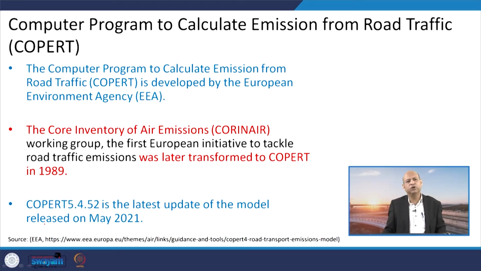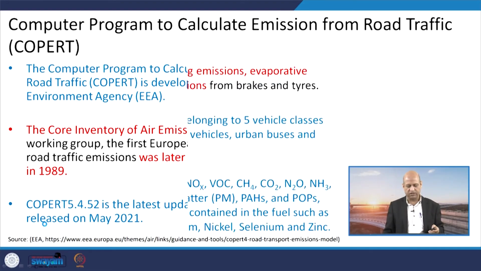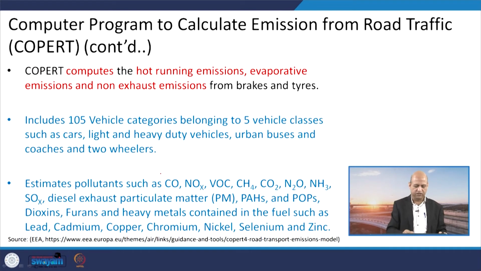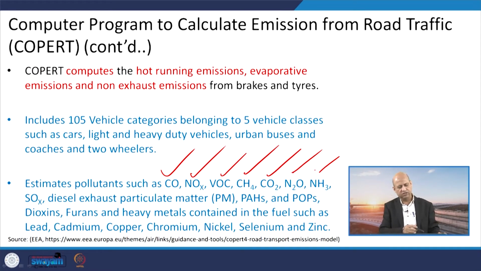Then we discuss the COPERT model, which is quite popular in European countries. This is a computer program to calculate emissions from road traffic. In Europe they are using it, and this is again a very data intensive model, and it gives a lot of streams for emission estimates, like you can see CO, NOx, VOCs, methane, CO2, N2O, NH3. It is a whole range of pollutants.